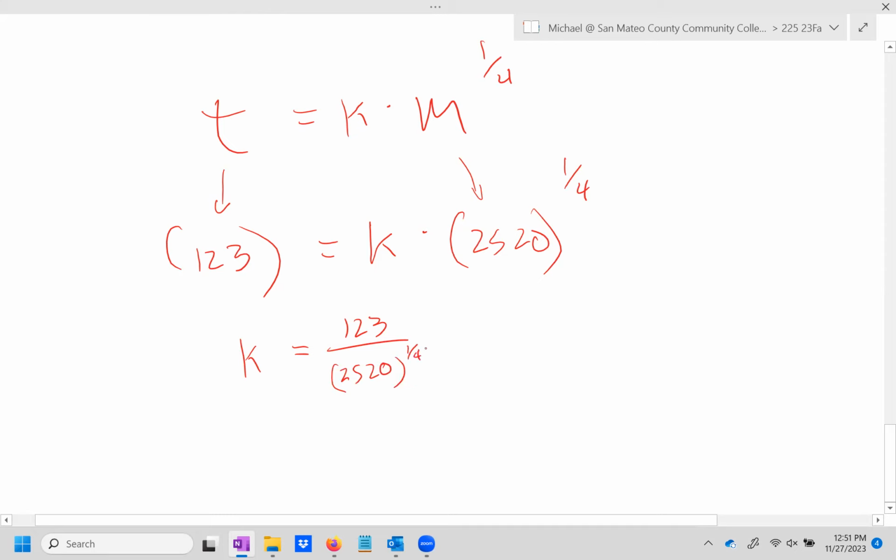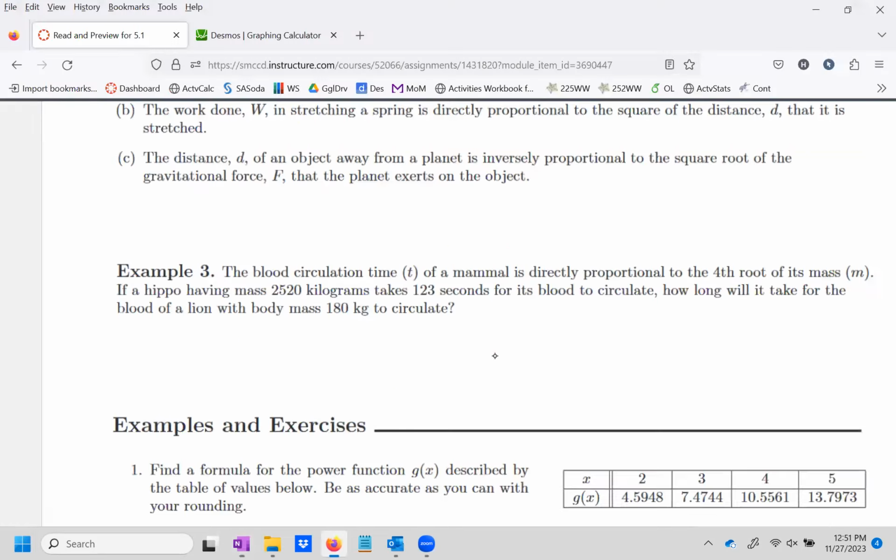And that is my value of k. I don't have to simplify it. I can certainly get a decimal value, or I can just work with this ugly number. It turns out you actually can simplify this, but I'm not going to get into that. Point is, this thing right here is about equal to some number.